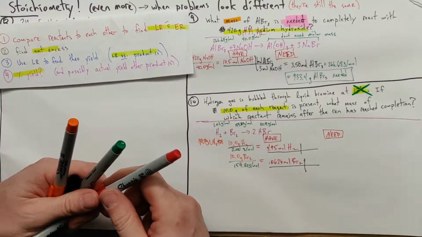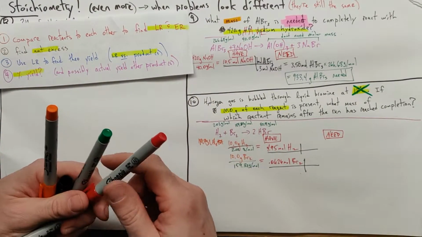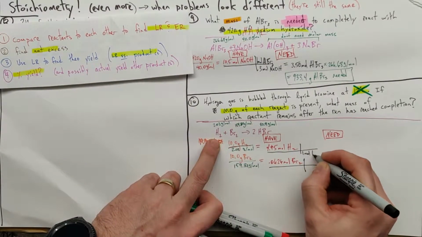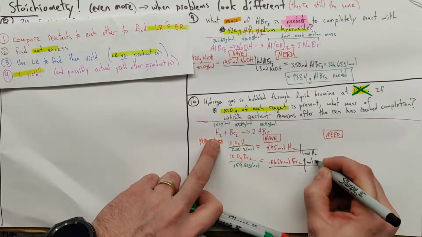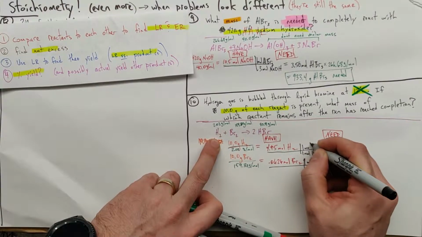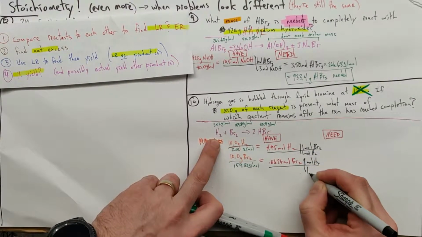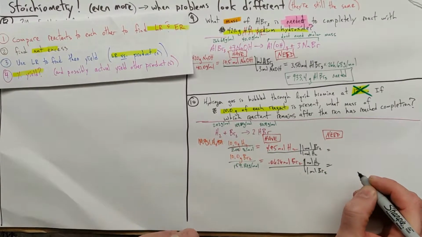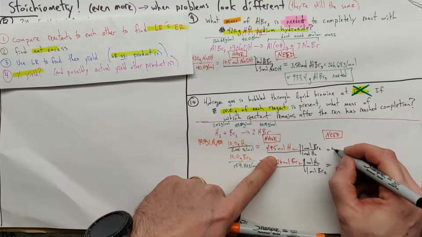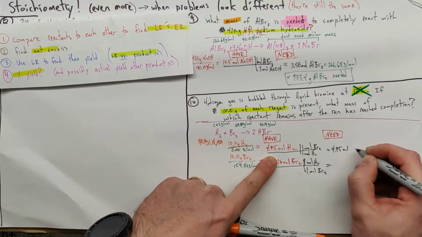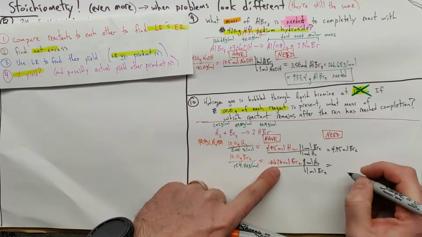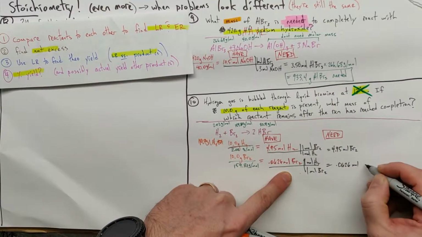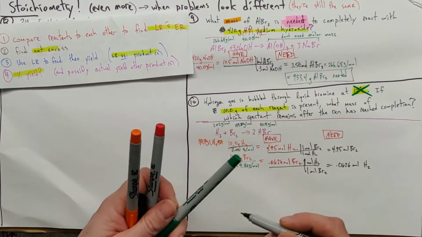From the balanced chemical equation, we see for every 1 mole of H2, we need 1 mole of bromine. And we end up with needing 4.95 moles of bromine, which we certainly don't have, and 0.0626 moles of hydrogen, which we way more than have.